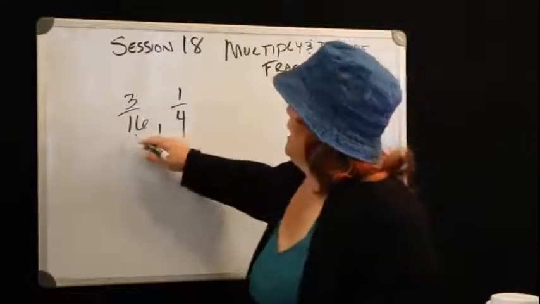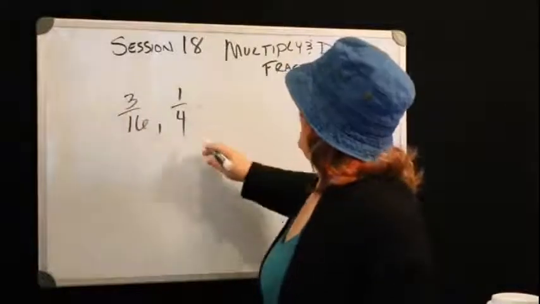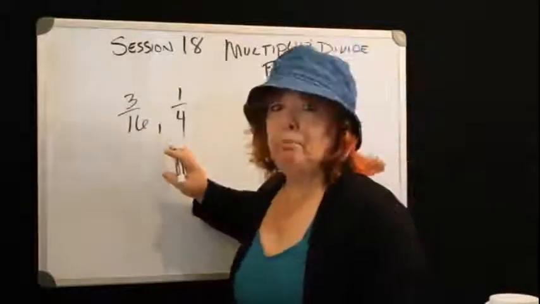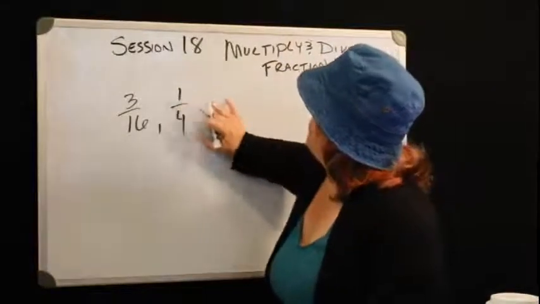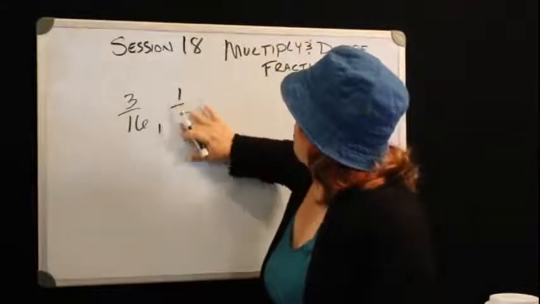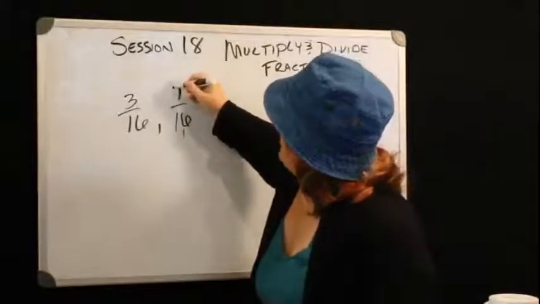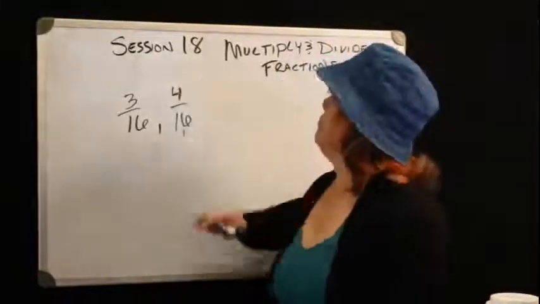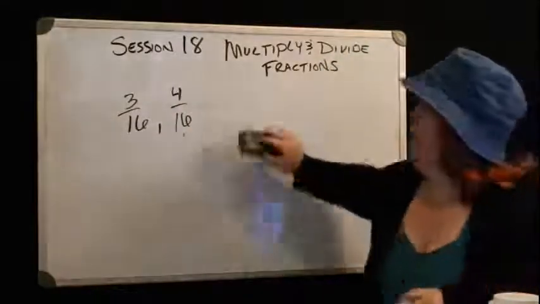All right, 16 goes into 16 one time, so we don't need to do anything to that. 4, you got to multiply 4 times what to get to 16? 4. Times 4, right? So 1 times 4 is 4. Okay, common denominator. All right.